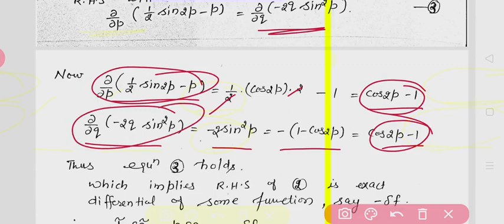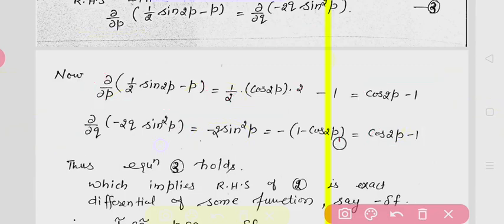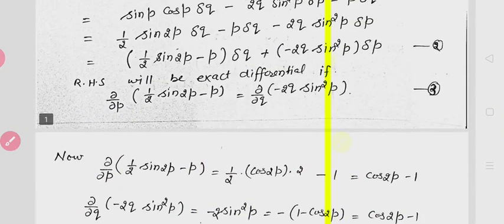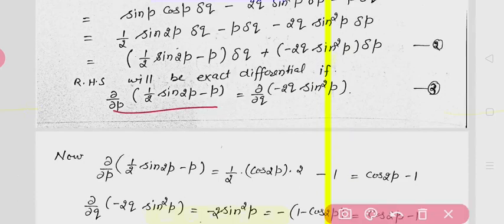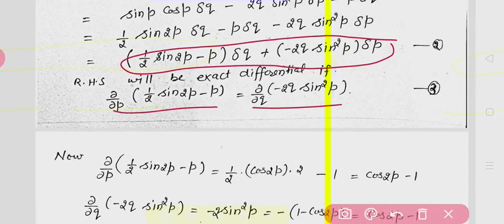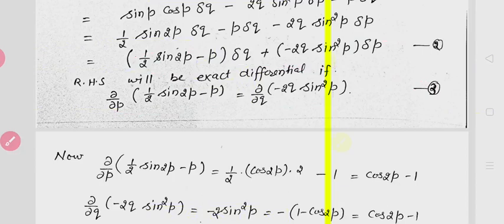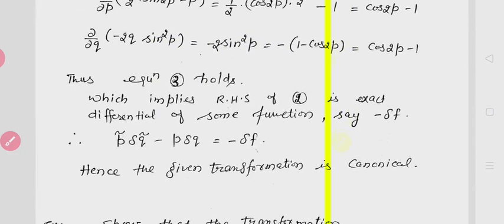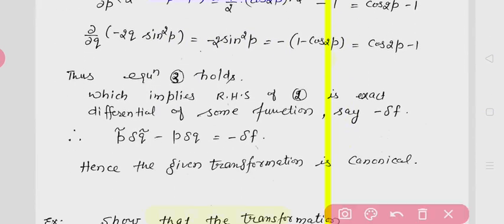If these are the same, that means the right hand side is the exact differential of some function. If this is the exact differential of some function, I will say that it is minus of delta f.